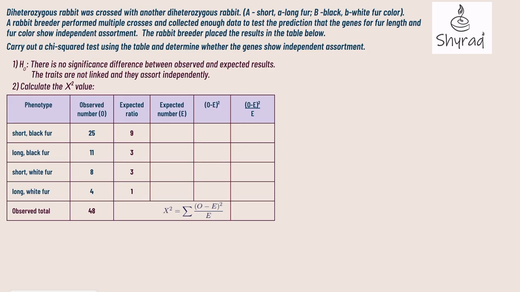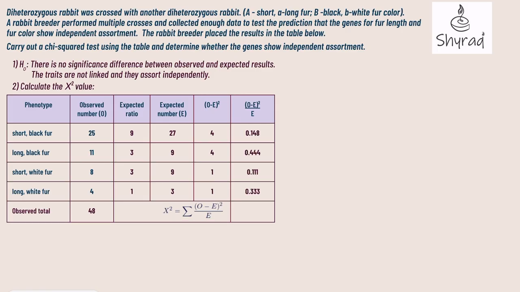In order to find the expected number, we need to take the expected ratio for each trait, divide by the total of the expected ratio, and multiply by the observed total. Fill out the next column and the last column.